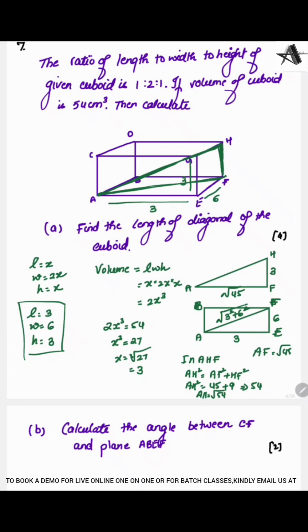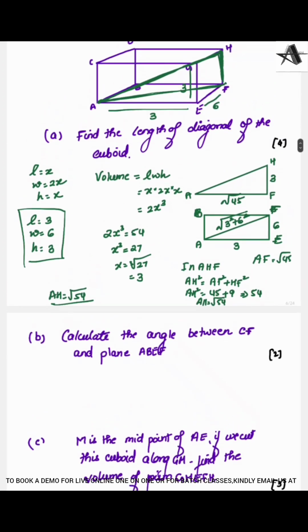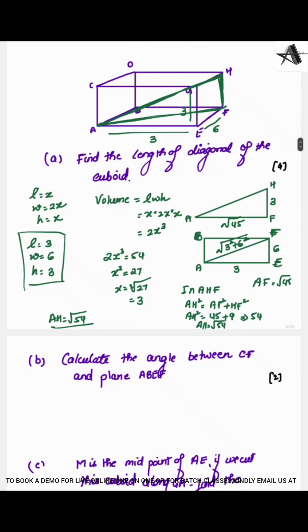It's totally fine if you're not simplifying it, and if you want to, you can do that as well. Because this is a calculator paper, obviously you can find the root of 54 as well. Moving on to part 2: calculate the angle between CF and the plane ABEF.